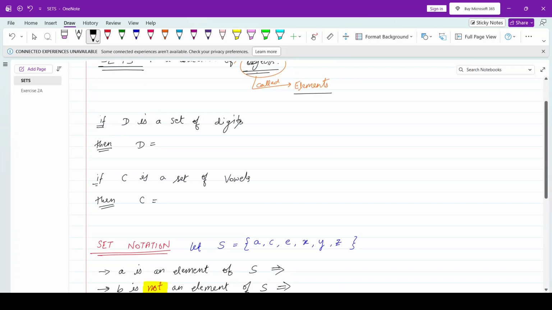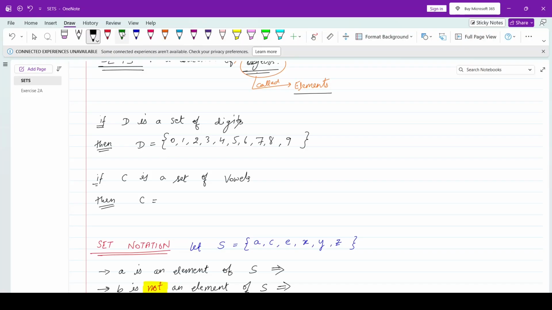So let's say if D is a set of digits, then we can write D as starting curly brackets 0, 1, 2, 3, 4, 5, 6, 7, 8, and 9.